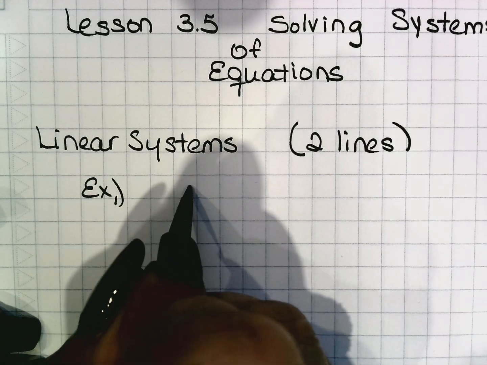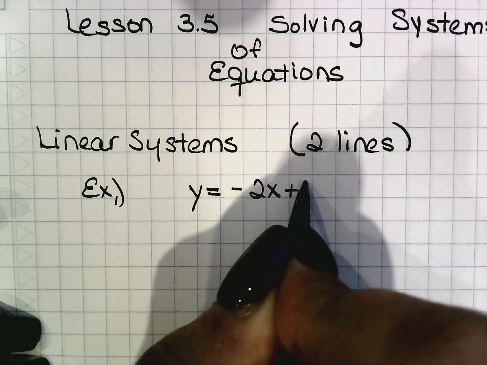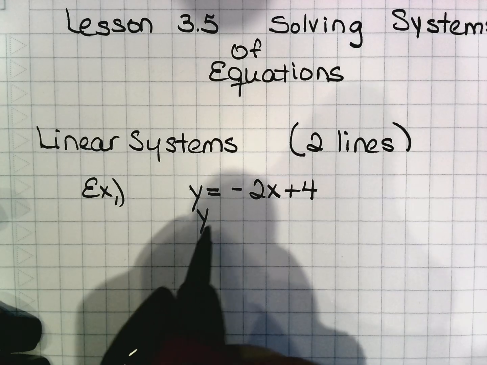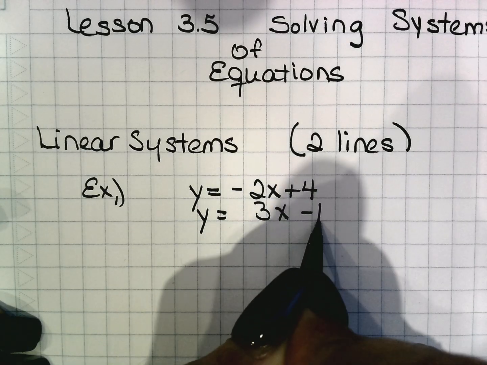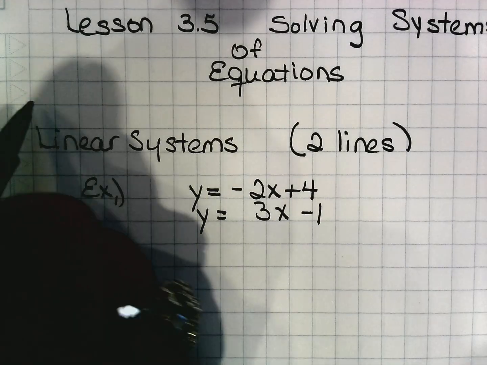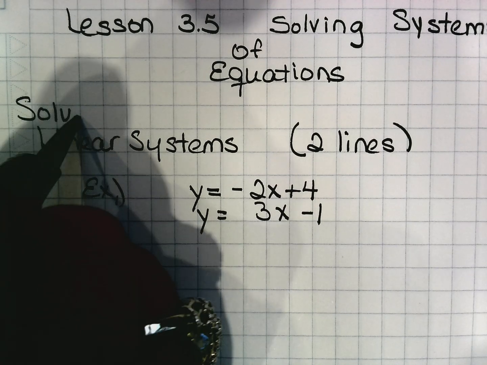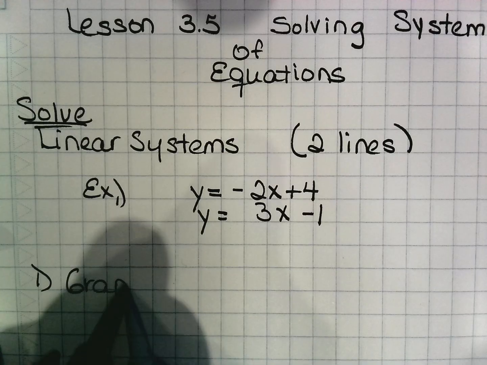Here we have y equals negative 2x plus 4, and we have the other line, y equals 3x minus 1. The first way we're going to solve these linear systems is through graphing.